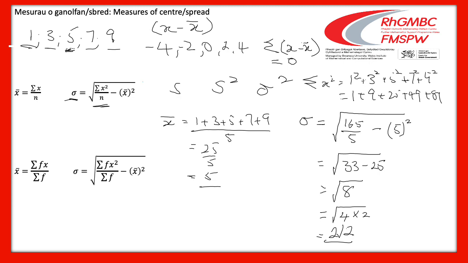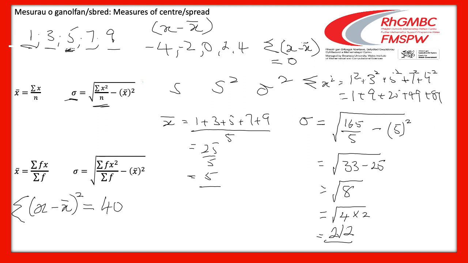It's getting a little bit disjointed here, but never mind. If I do my x minus x bar all squared and I sum that, I'm going to get 40, because I've got 16 plus 4 plus 0 plus 4 plus 16. Nice symmetric distribution, but that's because of the numbers I chose.